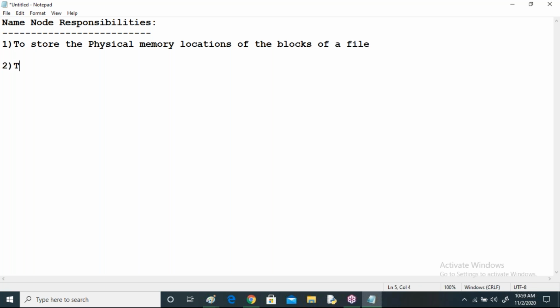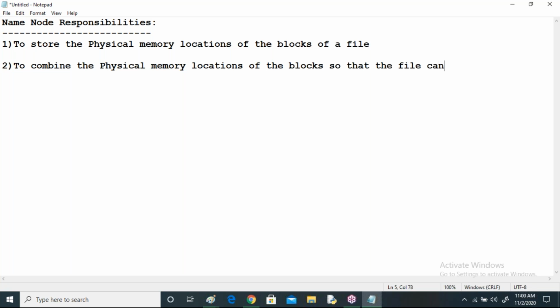Next, to combine the physical memory locations of the blocks so that the file can be formulated, or the file can be retrieved.